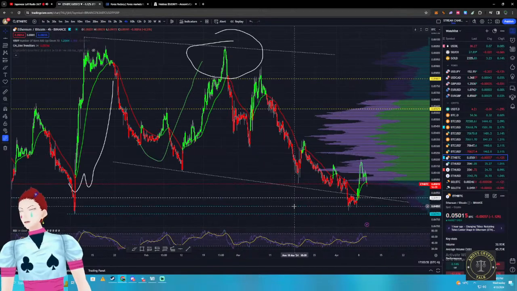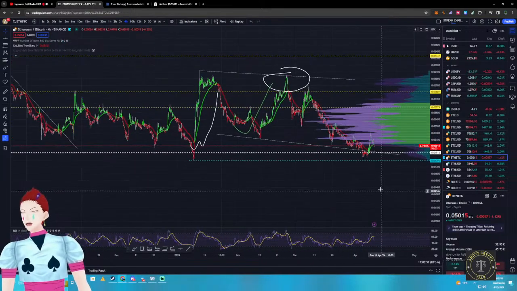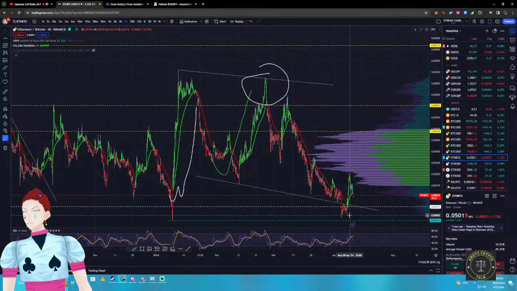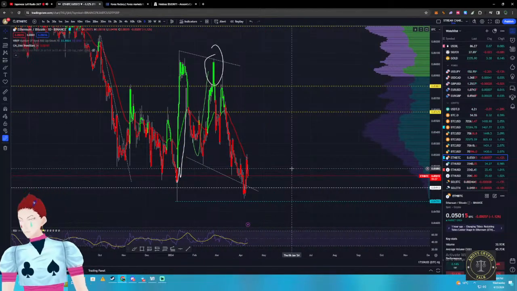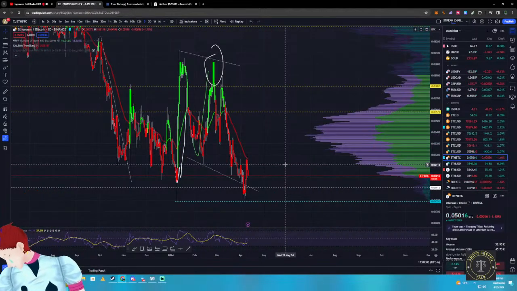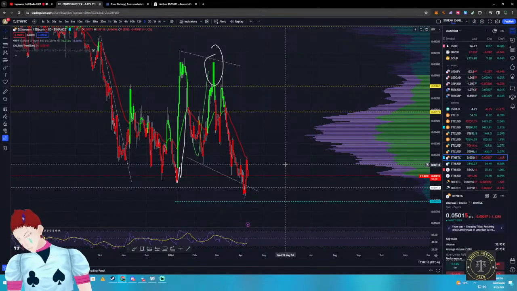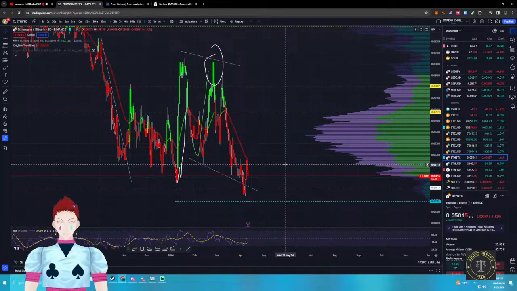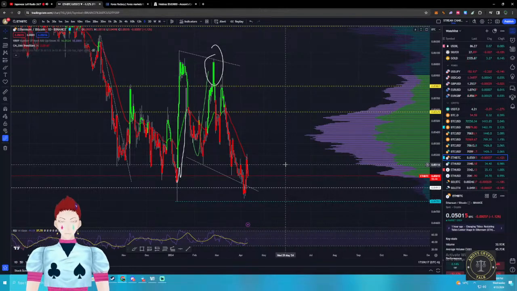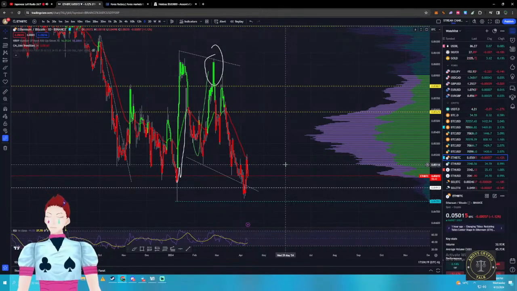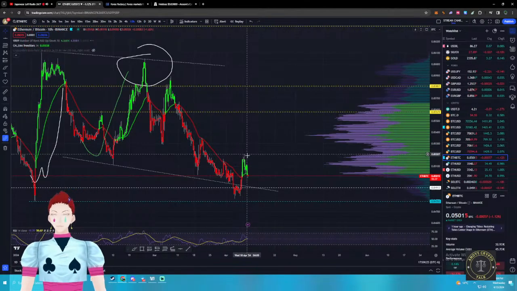ETH BTC, what's going on with this? It looks like it had a really strong bounce here. It's now correcting most of that bounce.